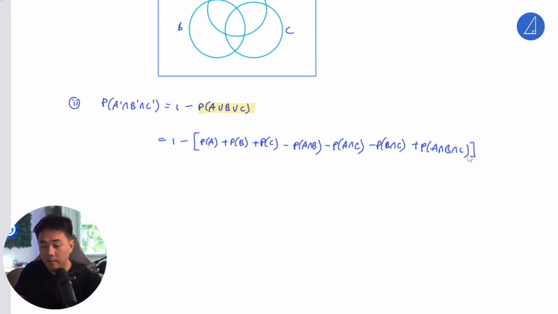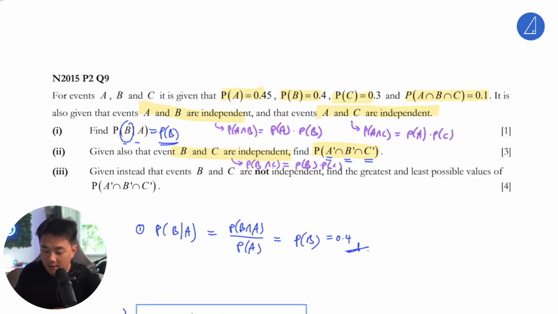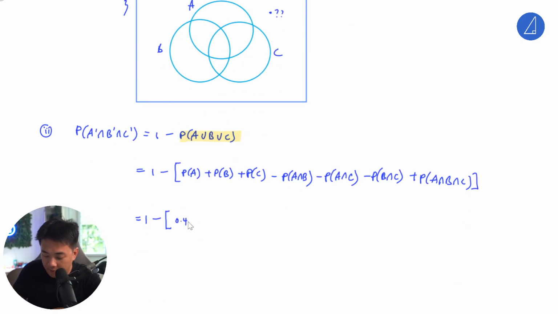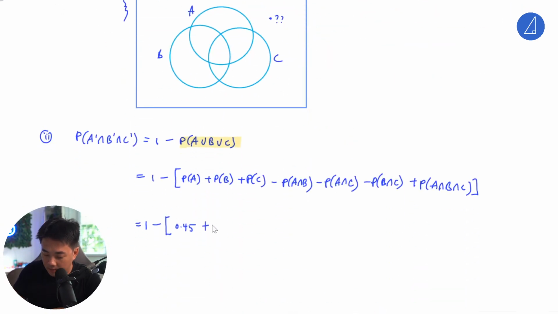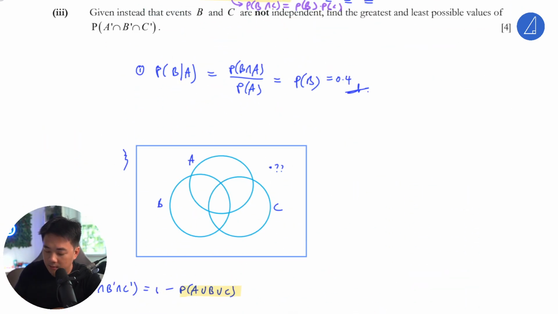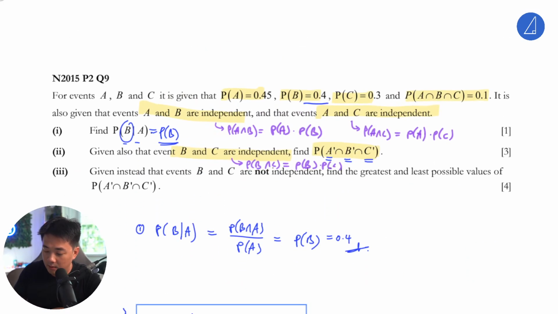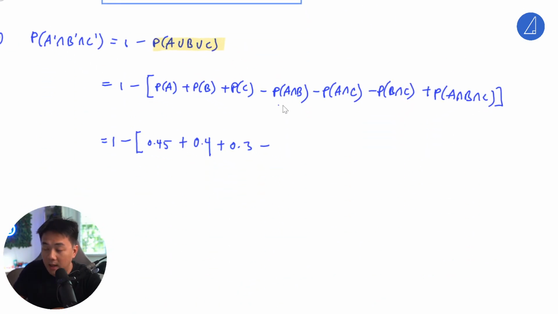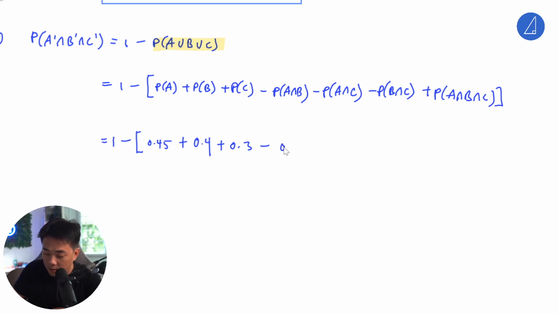All right. We have all these values here because P(A) given in the question was 45%, so 0.45. P(B) given in the question was 0.4. Then plus P(C) was 0.3, right? Then P(A∩B): they are all independent events, so A intersect B will mean that you just take A times B. So 0.45 multiplied by 0.4.